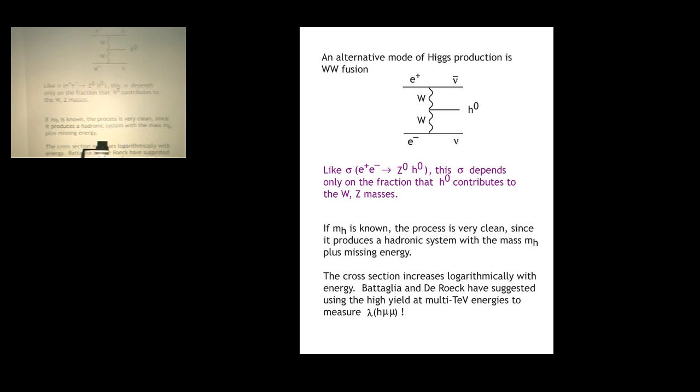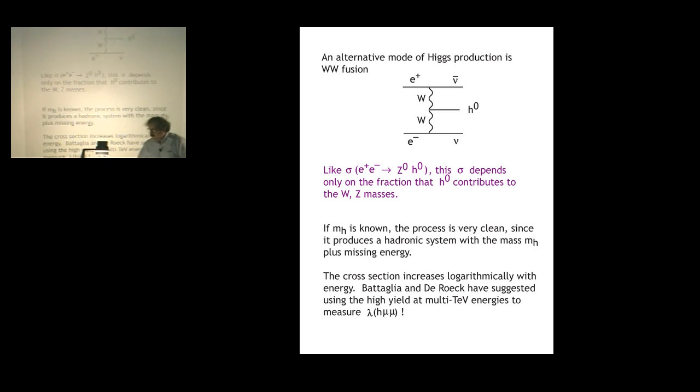And so the absolute normalization of this cross-section is physically extremely important. Like this process, it depends on exactly the fraction that this Higgs contributes to the W mass. If M Higgs is known, this process is very clean.